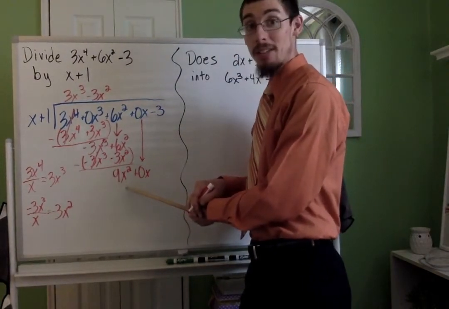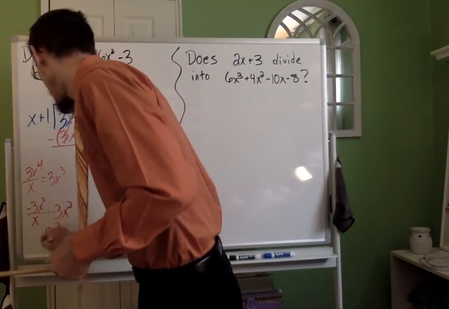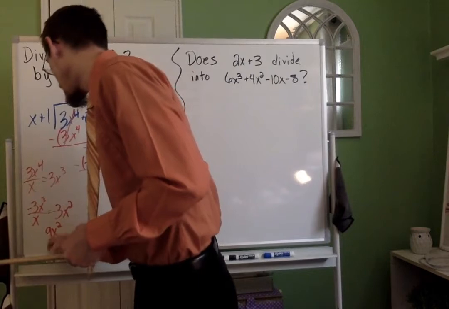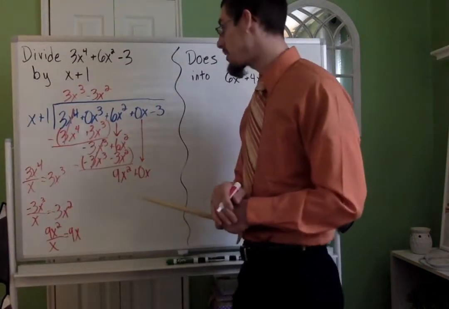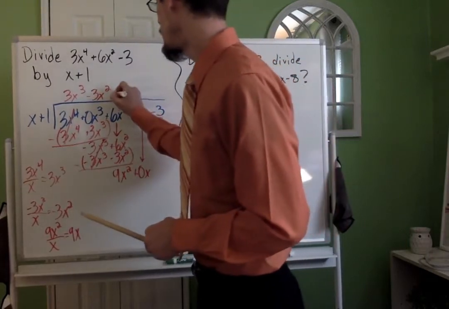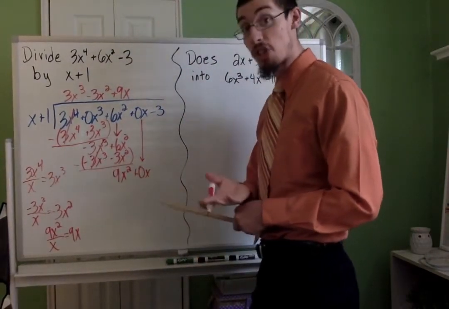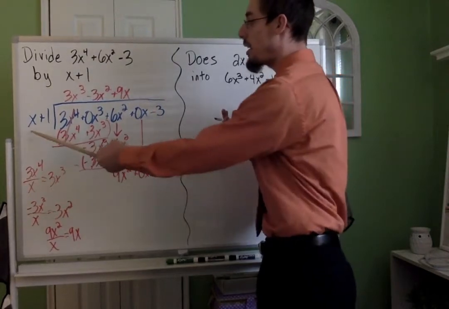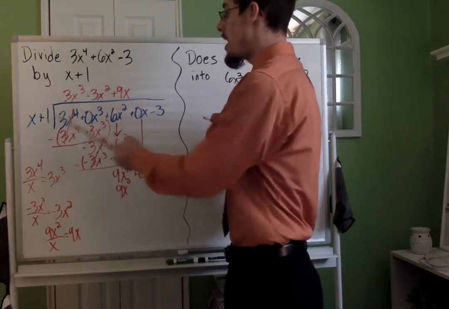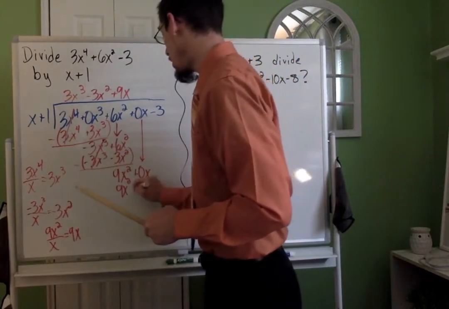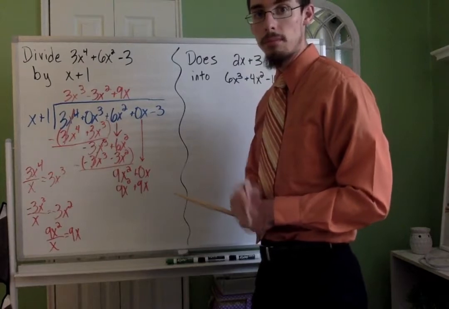Repeat the process. 9x squared divided by x is 9x. So plus 9x, distribute it. 9 times x is 9x squared. 9x times 1 is plus 9x. Subtract.